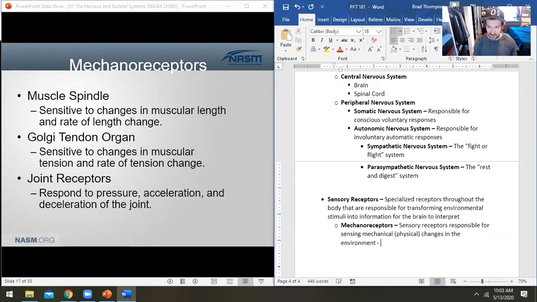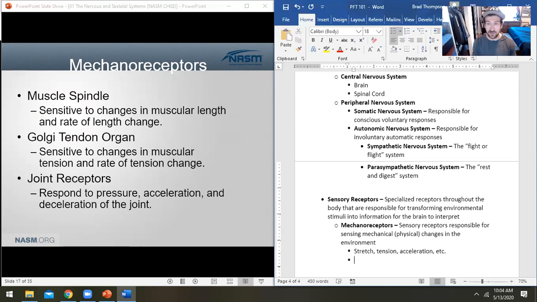So that's going to be things like stretch, tension, acceleration, etc. Lots of things like that. They sense stretch or tension or acceleration, whatever.